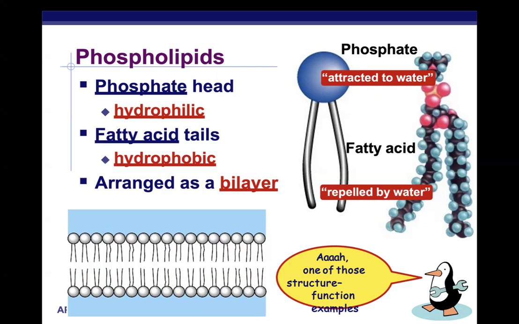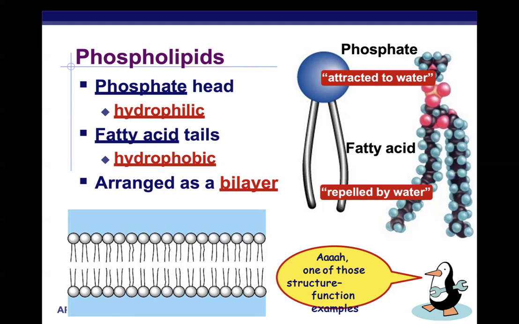Because phospholipids are amphipathic, meaning they're part polar and part nonpolar, they contain a phosphate head, which is hydrophilic because it's polar, and fatty acid nonpolar tails that are hydrophobic. Because of this, they form a bilayer, which you see on the bottom right here. So the phosphate heads that are polar, that are hydrophilic, are facing the intracellular and extracellular fluid.